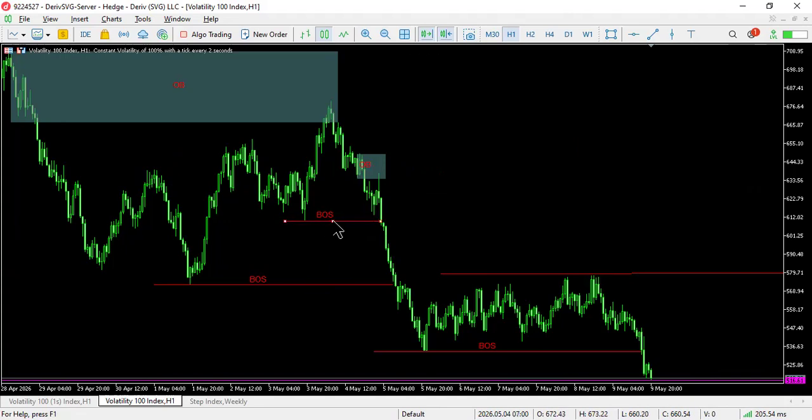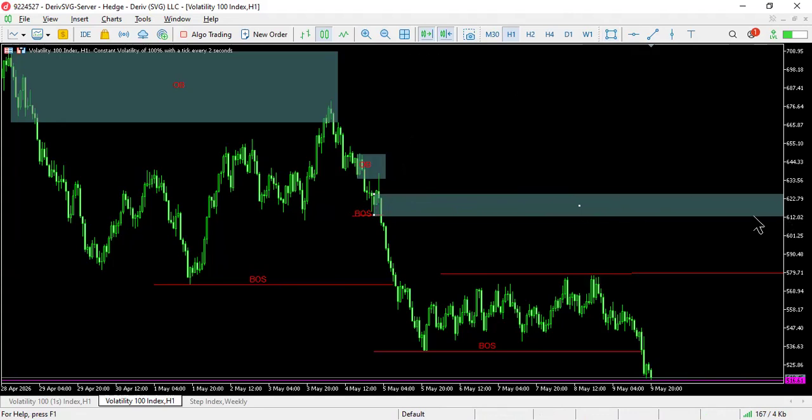Therefore, we are going to work with this break of structure right here. We are going to work with this break of structure, and then the order block which caused that break of structure, it is that order block right there.